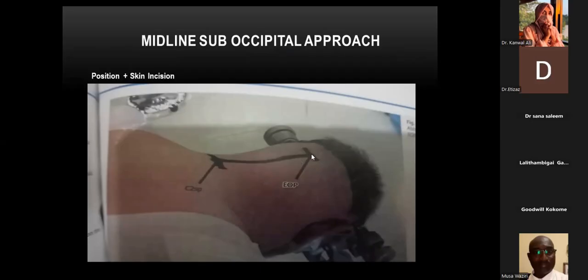Anyone, please? Just the skin incision. We are cutting the skin. You are cutting the fascia, not the muscles. So what kind of structures can you damage till the muscles? Yes, please, anyone?